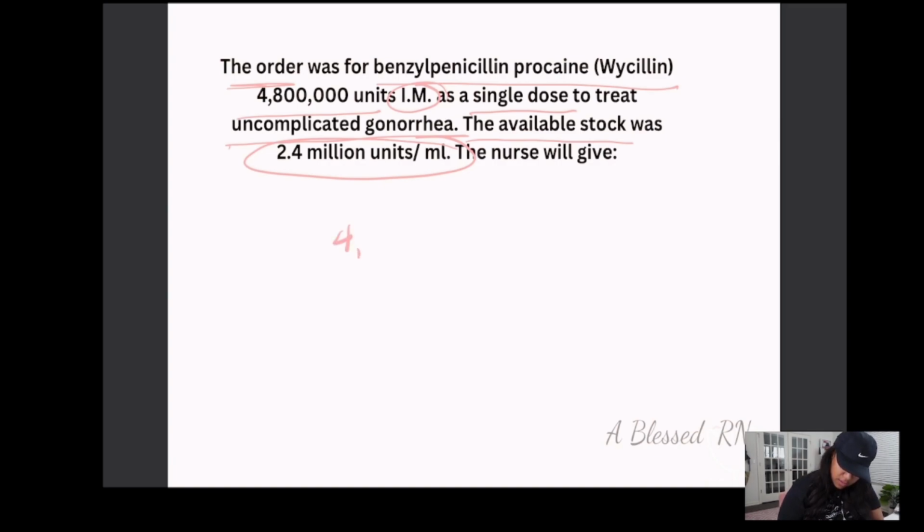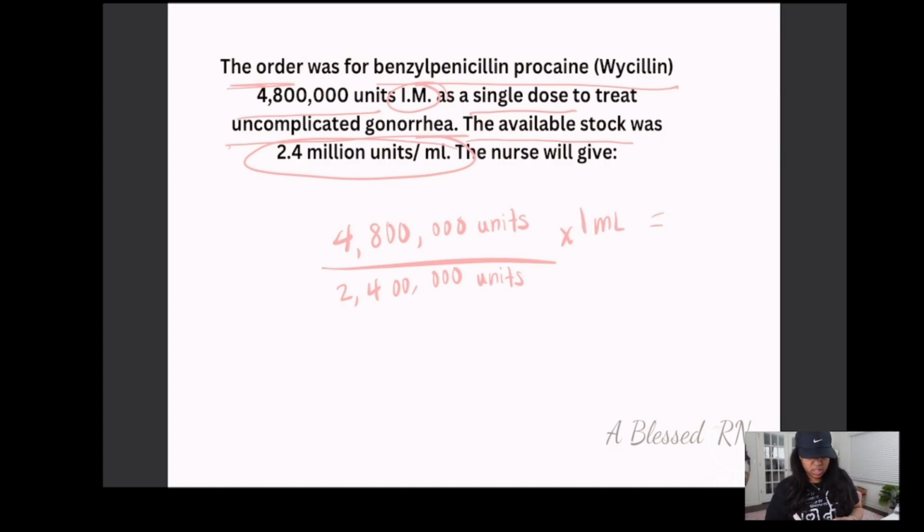So for the, well, not 4 million. Write out all your zeros. 4,800,000 units over 2.4 million units, and it comes in 1 milliliter. So put this in our handy dandy calculator, or since it's 4.8 and 2.4, you can write it out like this.